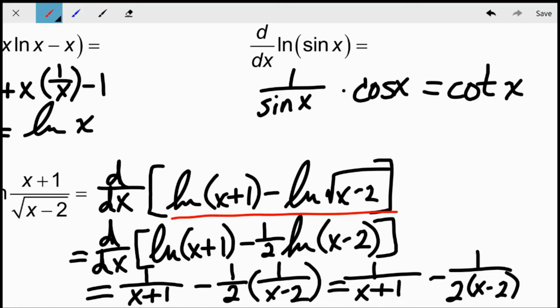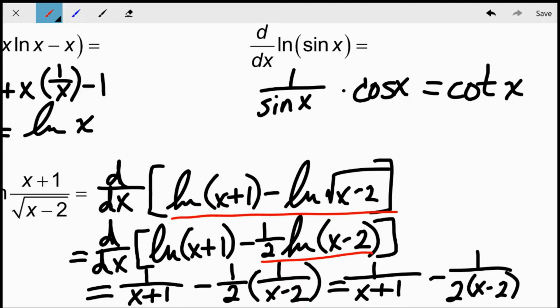Well, that's x minus 2 to the 1/2 power. So I used more log properties and made that 1/2 natural log of x minus 2. Now that I've got this in this really simple form, taking the derivative is very easy, because I'm not going to have a bunch of extra chain rule stuff I'm going to have to deal with. I got 1 over x plus 1 minus 1/2 times 1 over x minus 2. And you can see that's essentially what my final solution is.